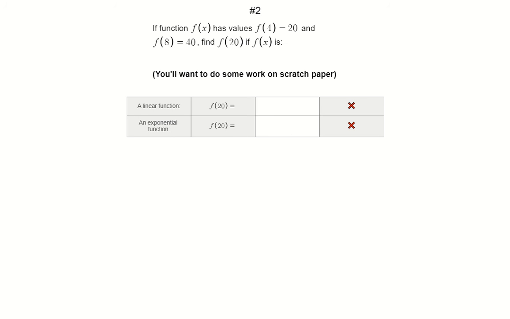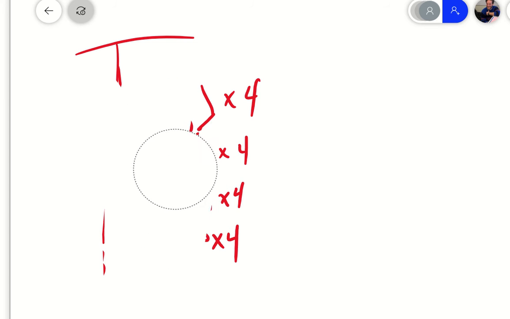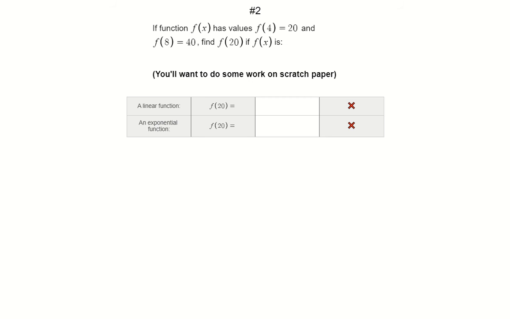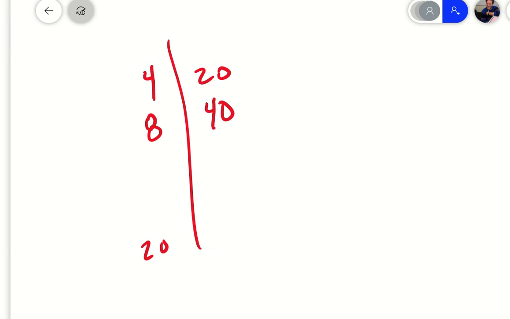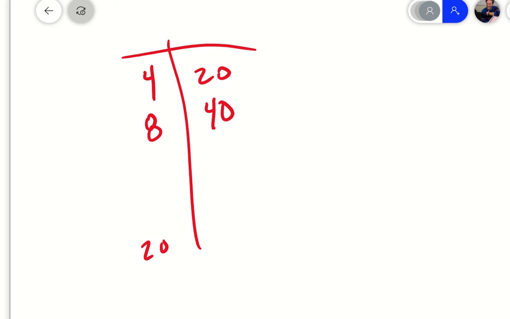And then now we're going to try and find the equations of these functions. Over here, we've got f of 4 equals 20 and f of 8 equals 40, and we want f of 20. So if we're talking about a linear function, what is the equation?